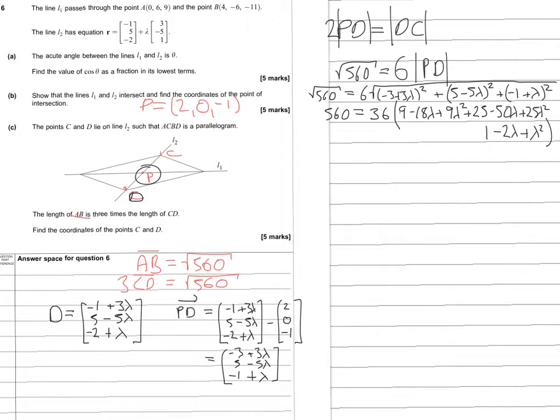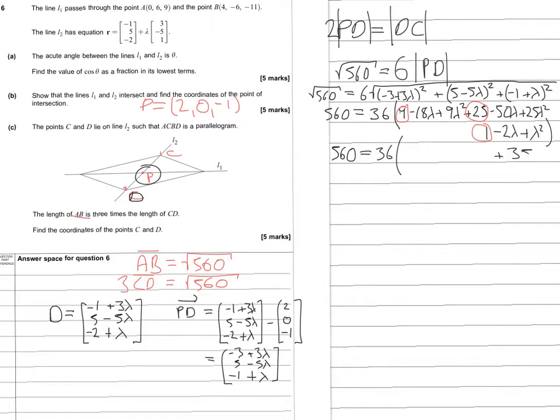So 560 equals 36 times the like terms here. We've got 9 plus 25 is 34 plus 1 is 35. I'll put that at the end.